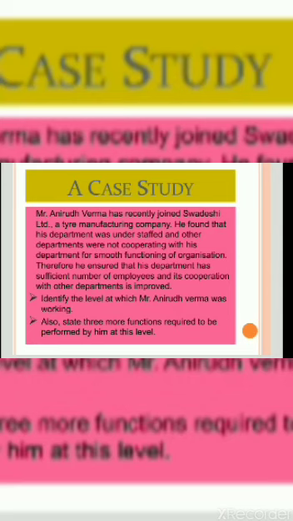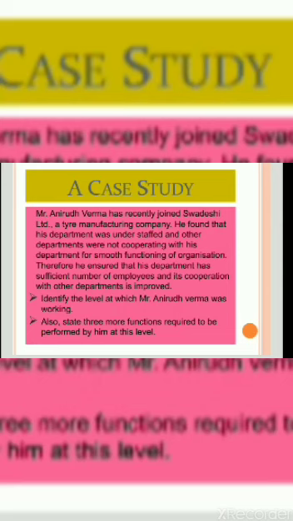Therefore, he ensured that his department has a sufficient number of employees and its cooperation with other departments is improved. So you have to identify the level at which Anirudh Verma was working. Second, also state 3 more functions required to be performed by him at this level.